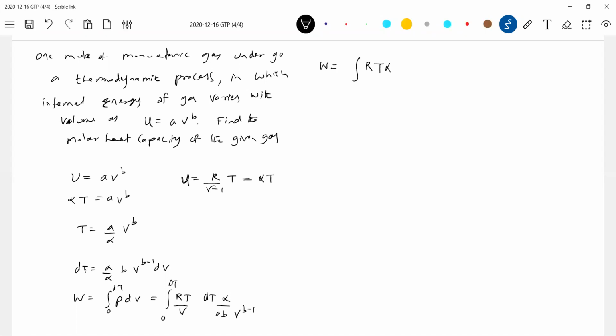R T alpha AB, all constant terms, then T dT. Here V to the power of B, what we can write is alpha T by A.